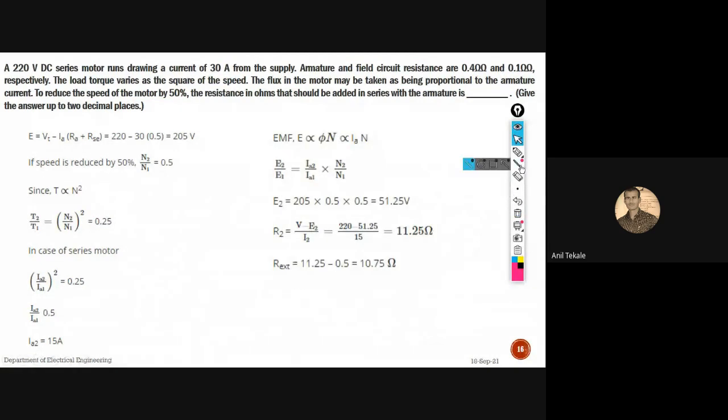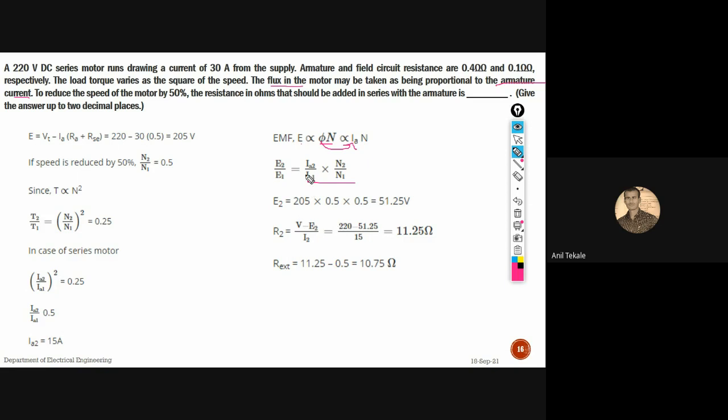Here again, the same thing. We know that E is directly proportional to phi, and the flux in the motor may be taken as being proportional to the armature current, so phi can be written as Ia. So E2 by E1 is equal to Ia2 by Ia1.